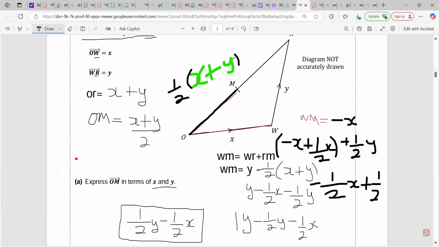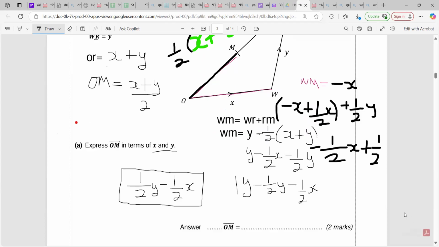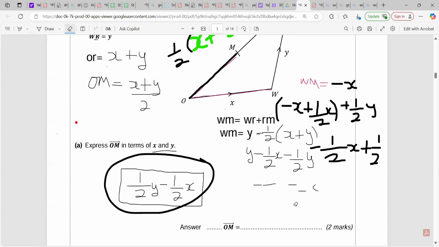Now go over this one. But you see, it's still the same answer as this one. Everyone should have this already. Think about it, guys. If you have negative 1 plus a half, that would be negative a half, right? Yes, sir. So you still will get the same answer, even if you went this route.